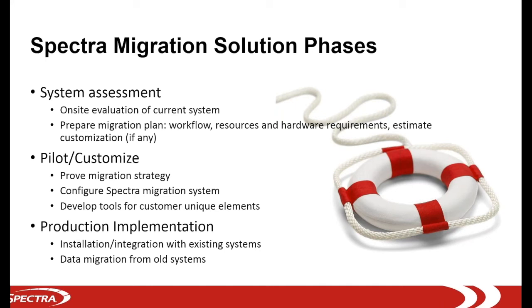For example, some of the customers might have some data that is not even under control of their media asset management system. And at some point, they might want to bring it into the overarching system. This is where we will prepare anything that's necessary to support customer objectives.